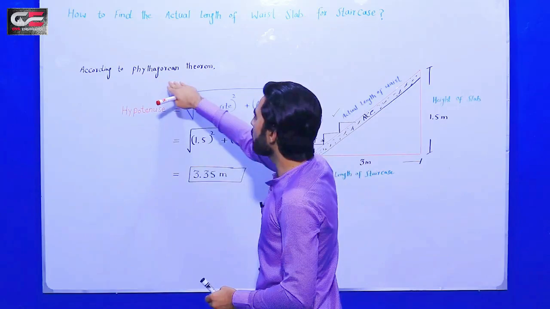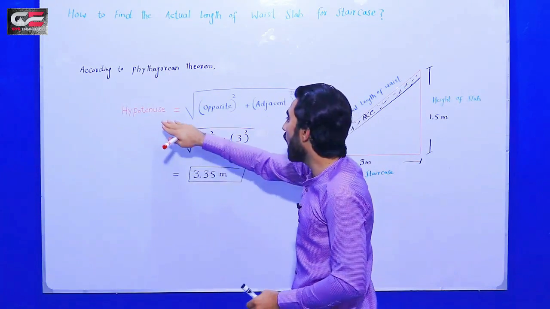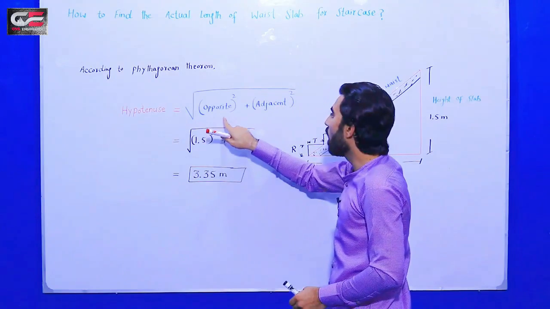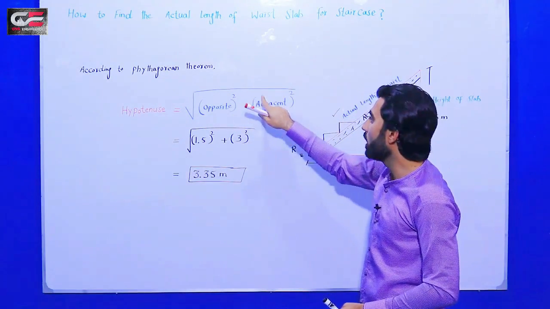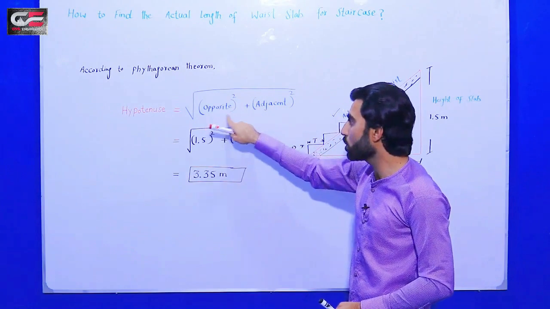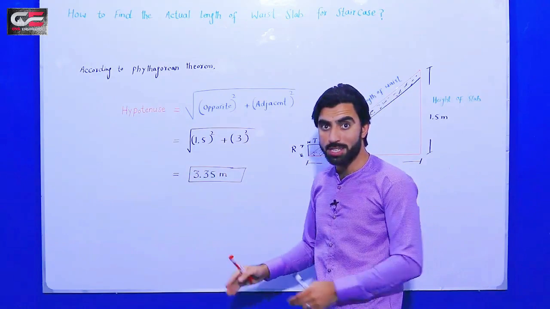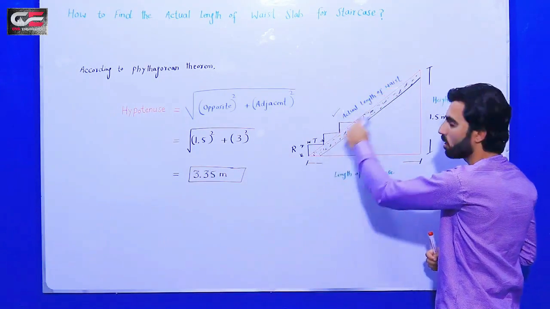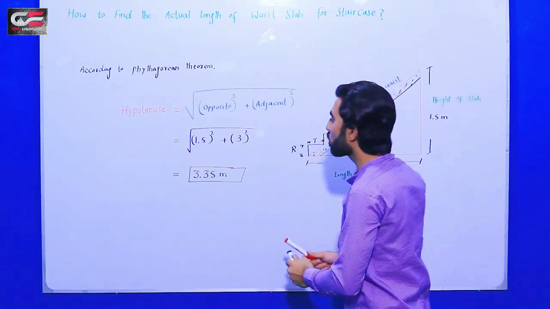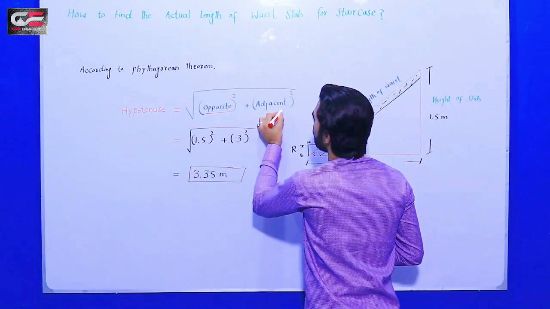As you know, according to the Pythagorean theorem, hypotenuse equals the square root of opposite square plus adjacent square. Then you can get the actual length of this side. Here we have opposite square plus adjacent square.